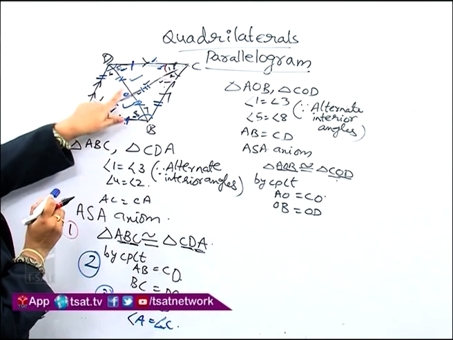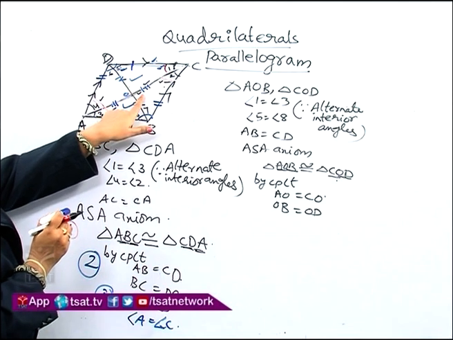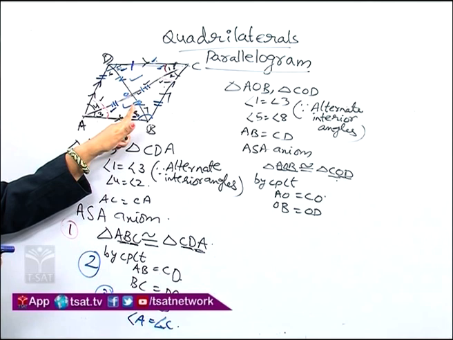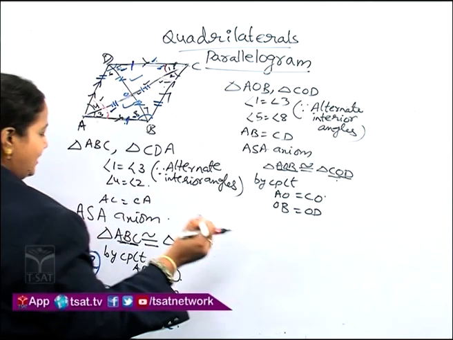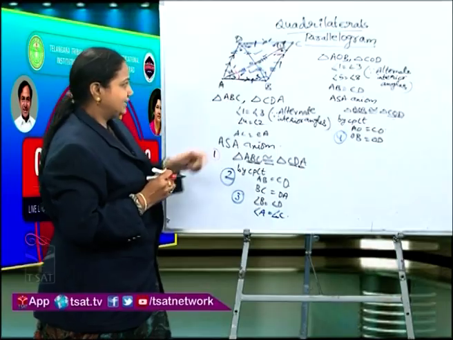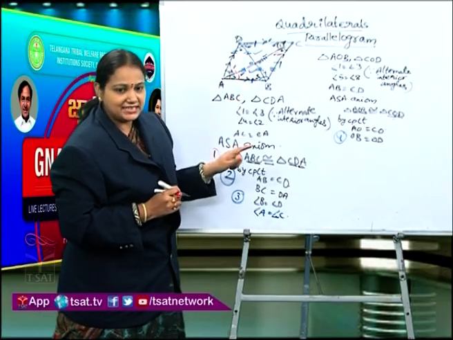These two parts are equal, these two parts are equal. It is nothing but diagonals in a parallelogram bisect each other. This is the fourth property of a parallelogram. Diagonals of a parallelogram bisect each other.